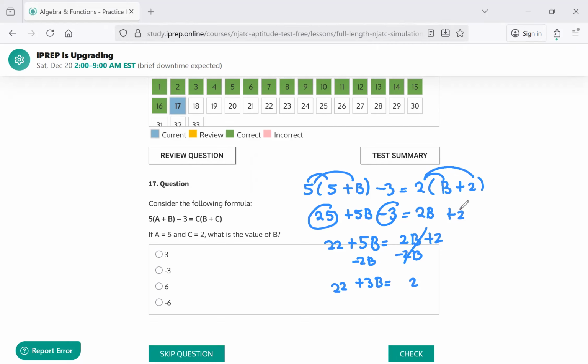What's 2 times 2? 4, so there should be 4. And then subtract 22 from both sides. So you get 3b equals 4 minus 22, which is negative 18. Divide this by 3. B equals negative 6.